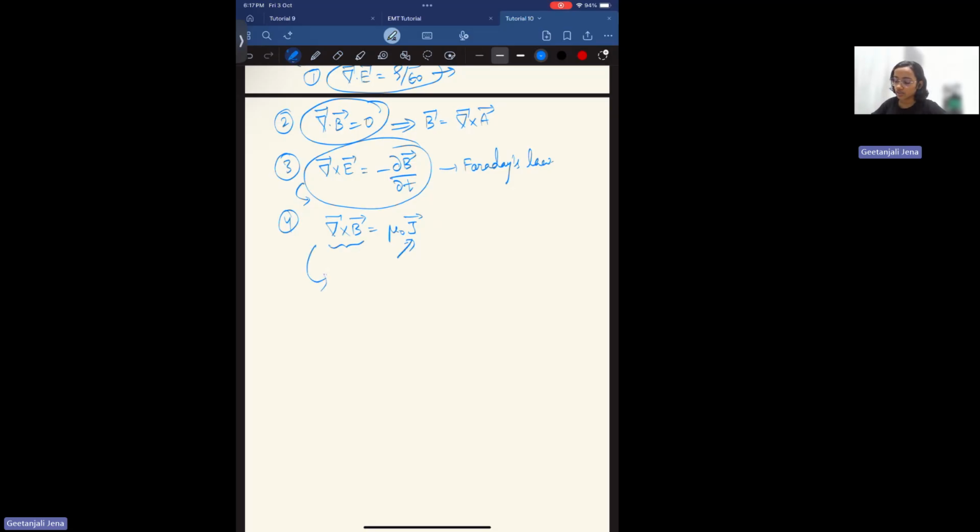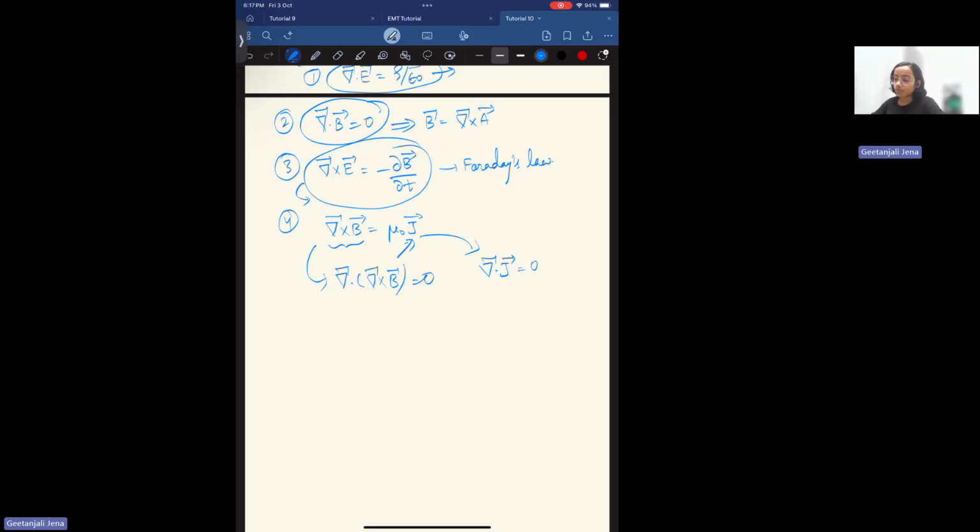But the divergence of curl is always zero, so we know that divergence of B is always zero. But if you see the right hand side, the divergence of J is not always zero. It is always zero only when we are considering the magnetostatic case.